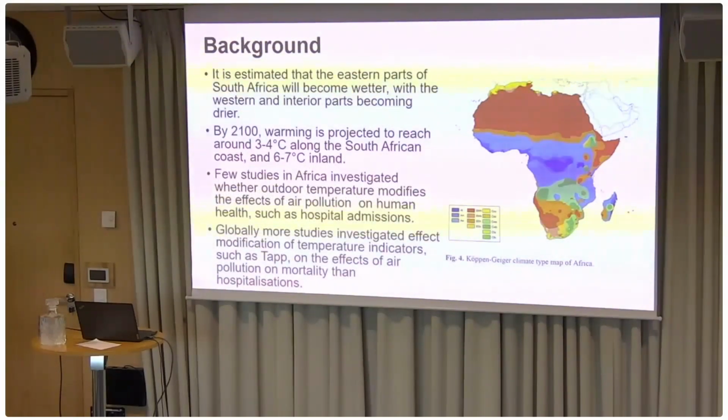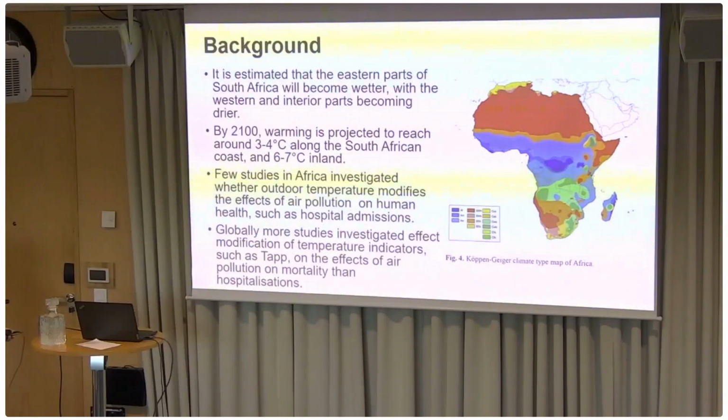In South Africa, it is projected that temperature will increase 3 to 4 degrees around the coastal areas, and it will actually increase more inland, 6 to 7 degrees in the next 80 or so years.